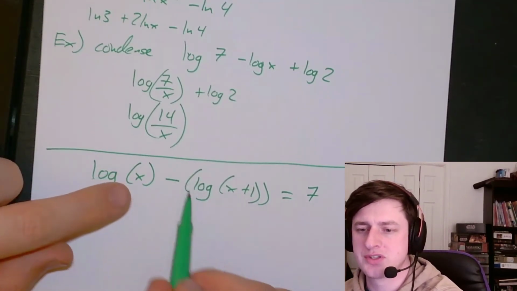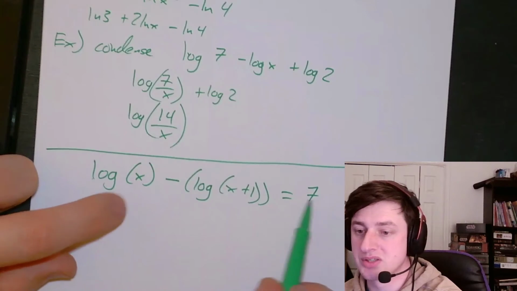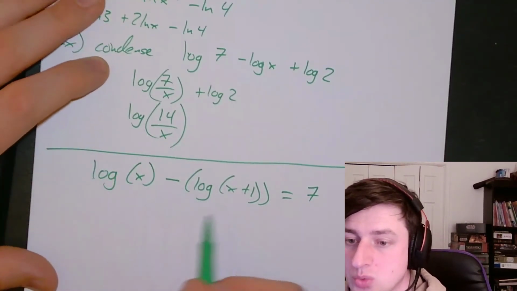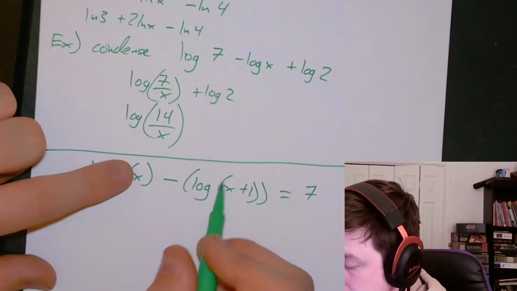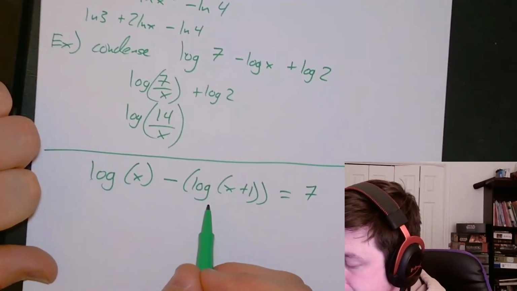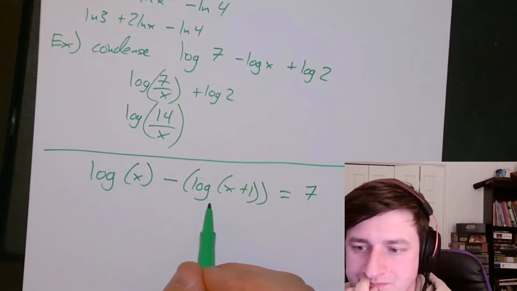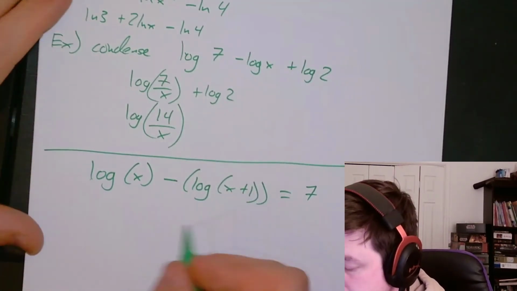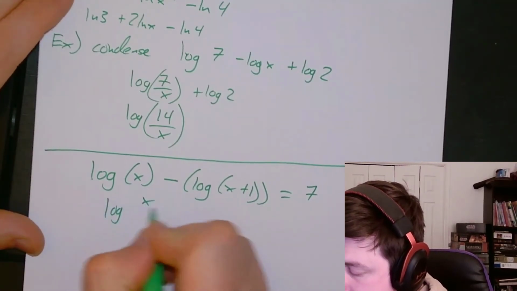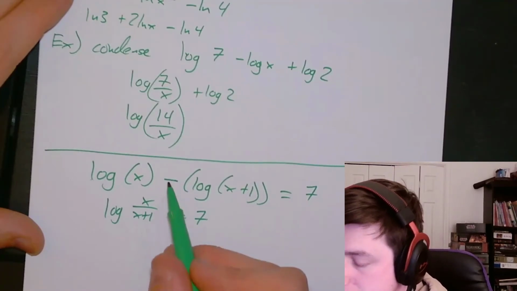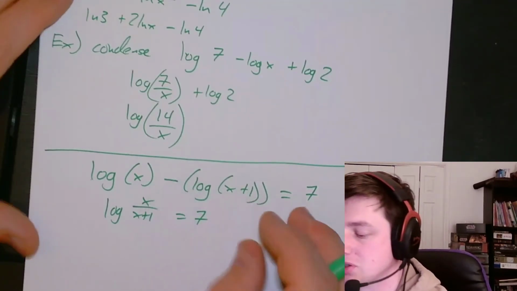I can't just move this logarithm over here and make the insides equal because there's a 7. So I need to combine these into one logarithm. So log x divided by x plus 1. Log x over x plus 1 equals 7. I turned the subtraction into division inside the logarithm.